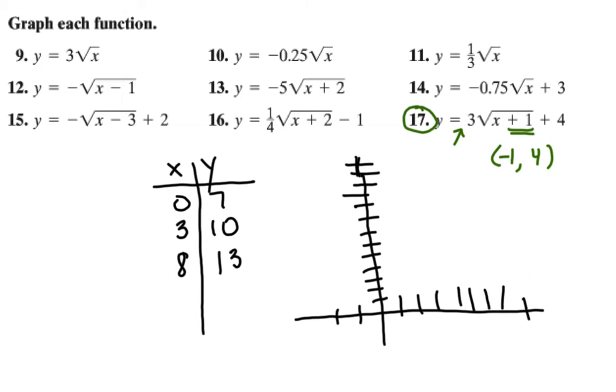Well, that's gotten off. 8. All right, so we know the vertex, again, is at negative 1, positive 4. We know the next point is at 0, 7. 0, 1, 2, 3, 4, 5, 6, 7. 3, 10. So 1, 2, 3. And now we go up 10. So there's 7, 8, 9, 10.